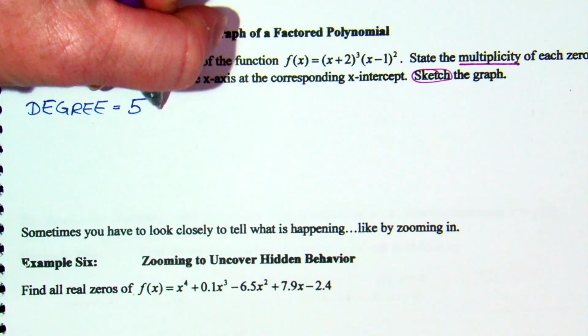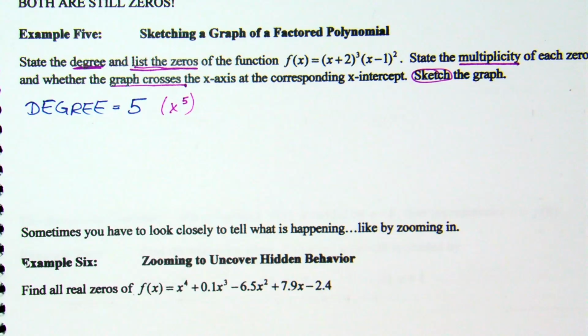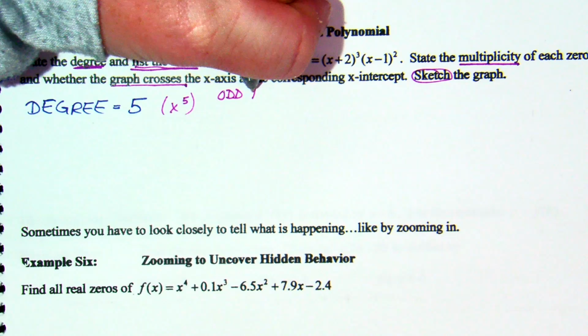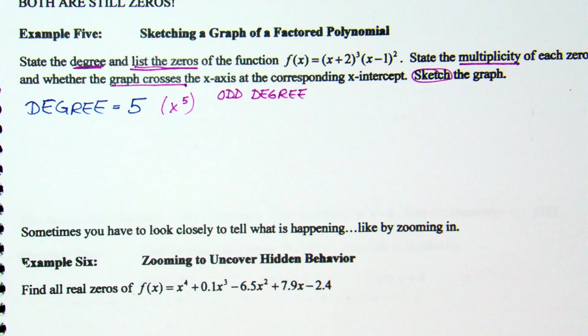Now, what does x to the fifth mean about the shape of this graph? Because we're going to sketch this eventually. We talked yesterday, it has an odd degree. What does that mean about end behavior? And you can use Algebra 2 terminology for this end behavior if you want. If there is an odd degree, the choices are: down, up; down, down; up, up; up, down.